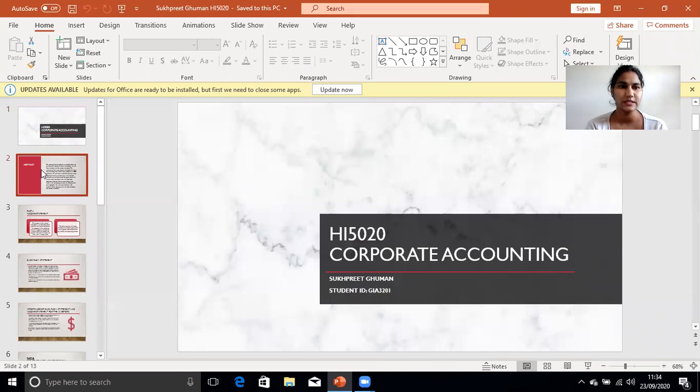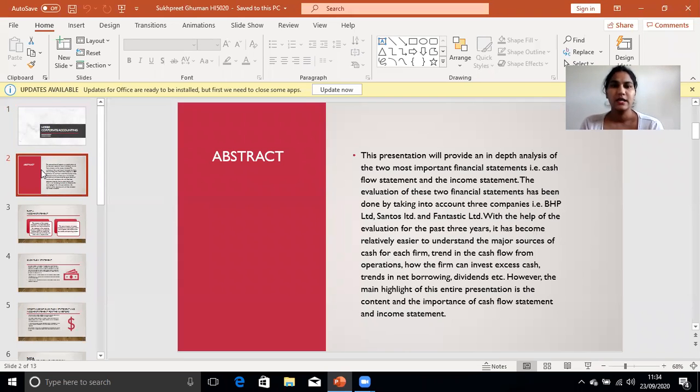The first one is the abstract. This presentation will provide a depth analysis of the two most important financial statements, cash flow and the income statement. These two statements have been done by taking into account three companies: BHP Limited, Santosh Limited and Fantastic Limited, with the help of evaluation for the past 3 years.